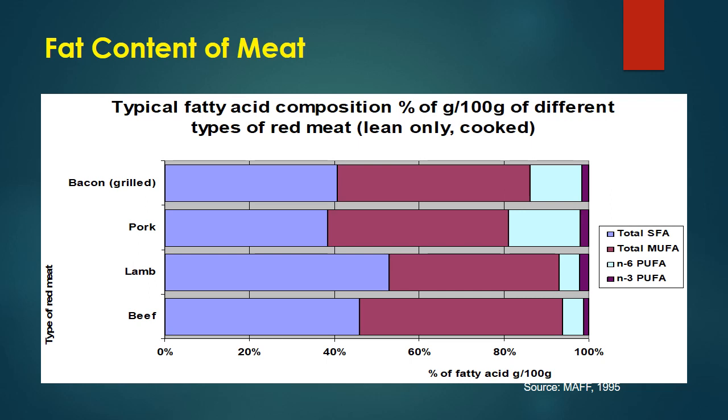There also we can see a good amount of saturated fatty acid, almost equal amount of MUFA, which I have mentioned earlier, N6 is less, and N3 is very less in case of beef. So this gives an idea about the composition of fatty acid in 100 gram of different red meat.